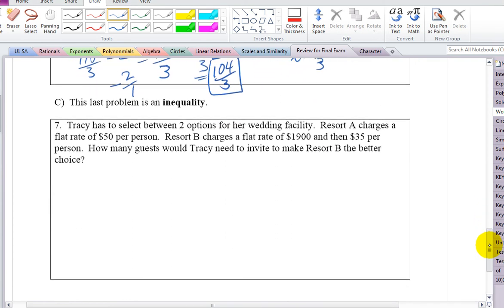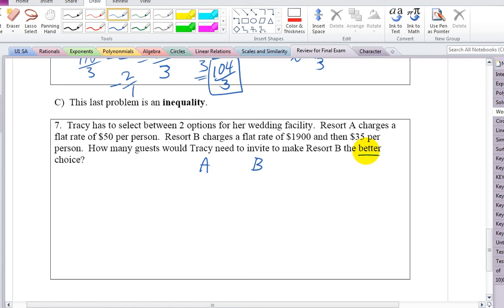Continuing on. Tracy has to select between two options for her wedding. Resort A, Resort B. So how many guests would Tracy need to invite to make Resort B the better choice? When we're setting this up, we're going to have a Resort A side and a Resort B side. Now if Resort B is better, would it cost more or less?